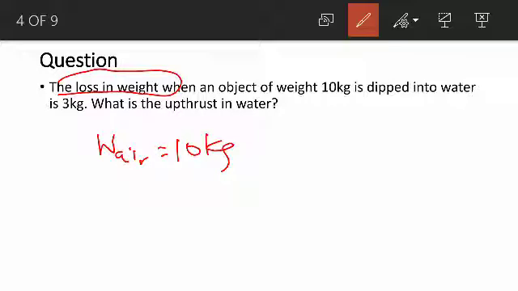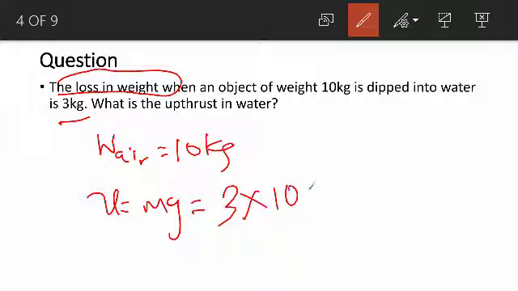What is loss in weight? Loss in weight is upthrust, and it is equal to 3 kilograms. So your upthrust is mg, which is 3 times 10, equal to 30 newtons. That's quite easy. Following the definition, upthrust is the loss in weight of an object when it is dipped in a liquid.